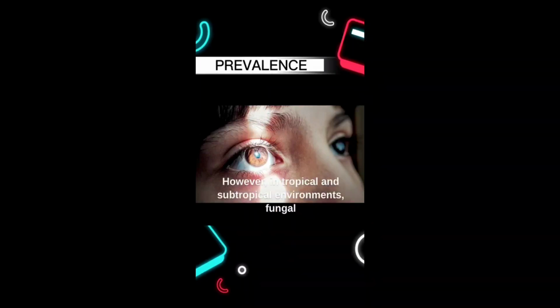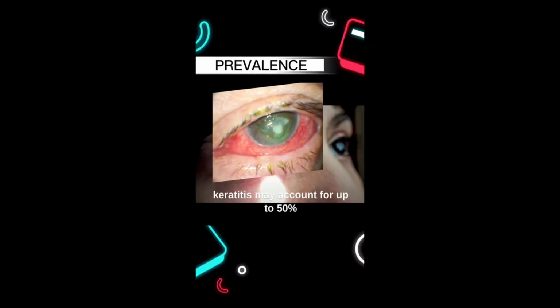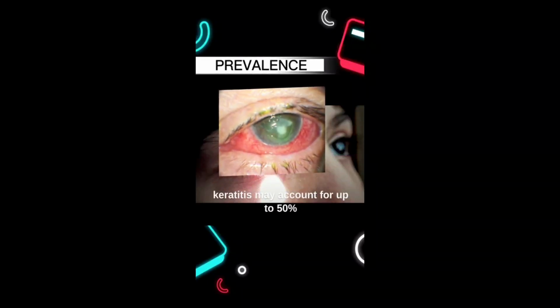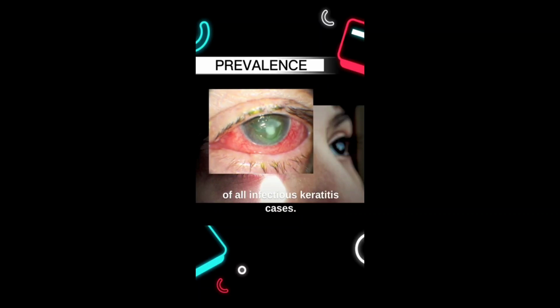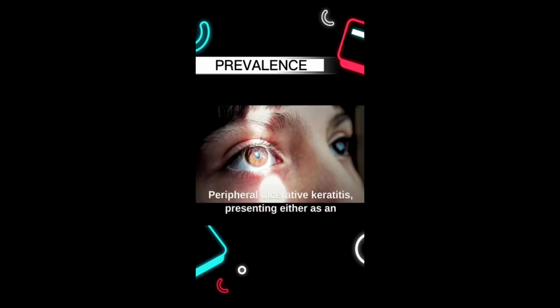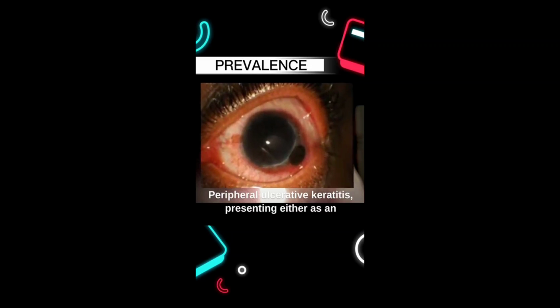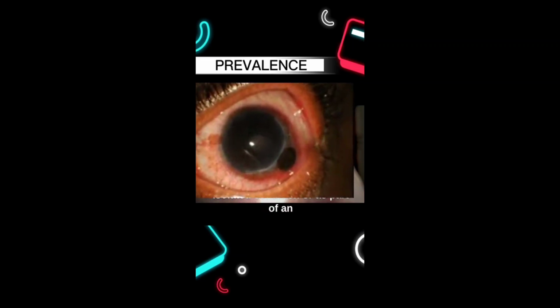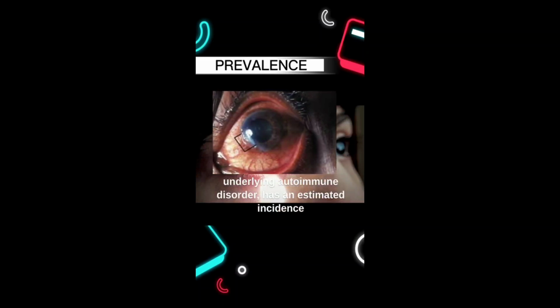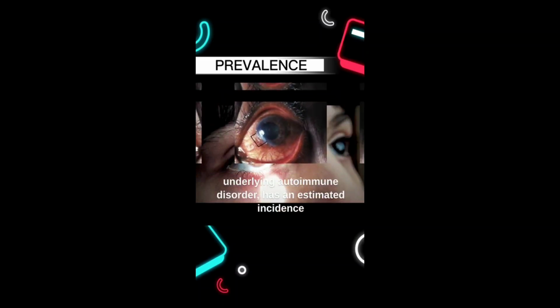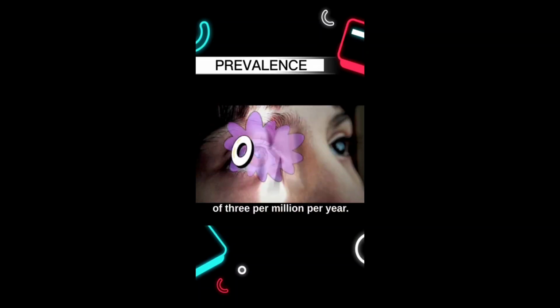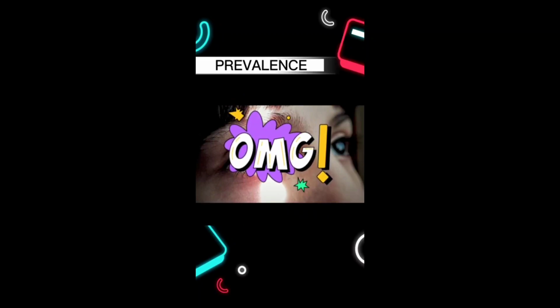However, in tropical and subtropical environments, fungal keratitis may account for up to 50% of all infectious keratitis cases. Peripheral ulcerative keratitis, presenting either as an isolated condition or as part of an underlying autoimmune disorder, has an estimated incidence of 3 per million per year.